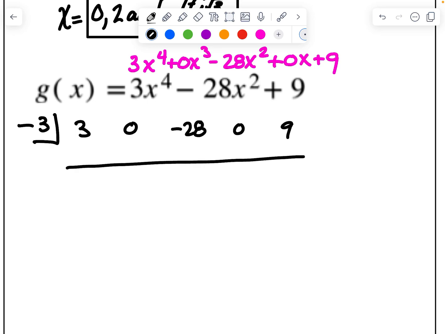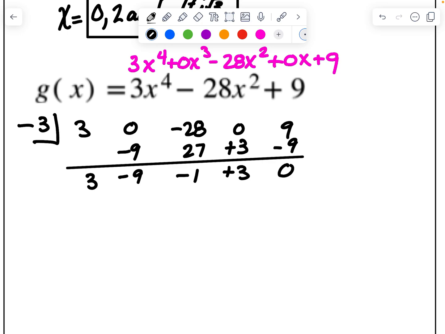Leave a space, draw a line, pull the first number down, multiply, add, multiply, add, multiply, add, multiply. Dang it, where did I lose a sign? Right here, here, there. 0, excellent.